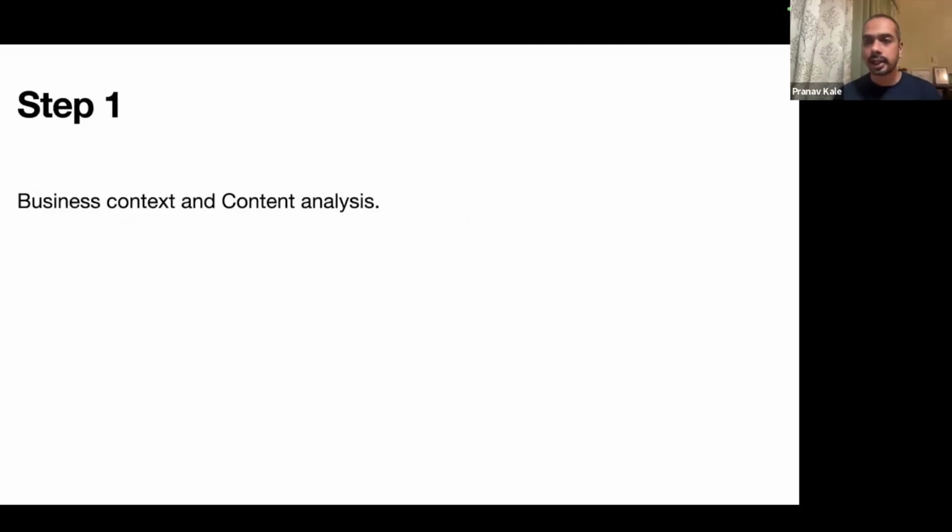Whenever we start the engagement, the first step is setting up some business context, because I want to know what is happening with you and your business. I want to know the number of clients you're working with. I want to know what the revenue goals look like, because then accordingly we can plan the strategy.